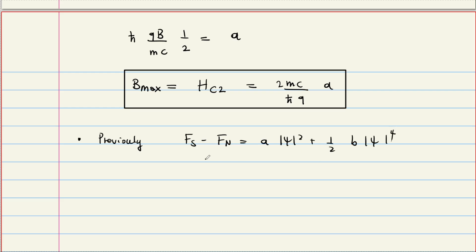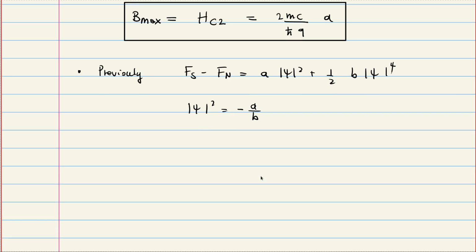We minimized and found psi squared is equal to minus A over B, and then we substituted this back here and found Fs minus Fn is equal to minus 1/2 A squared over B. There are cancellations, and we said this free energy difference should be equal to the amount of work you do to expel flux, expel the magnetic field.